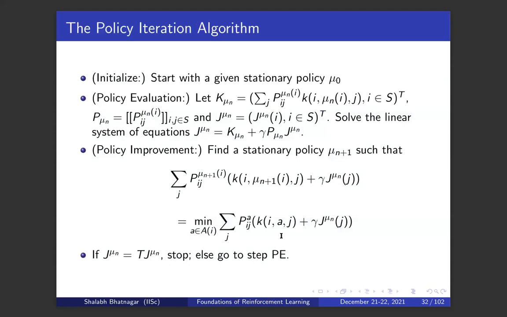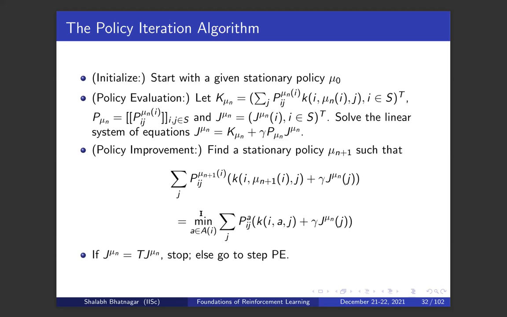And then policy iteration is again a procedure that is similar to exactly the way in which we described policy iteration in the stochastic shortest path case, wherein you start off with an initial policy and then get into the inner loop where you do policy evaluation and then come out of that loop, do a policy improvement.